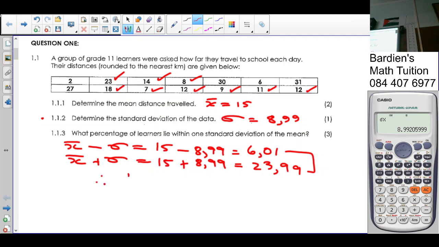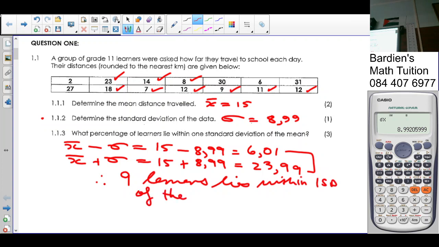So therefore, 9 learners lie within 1 standard deviation of the mean. Normally the question says how many learners lie within 1 standard deviation, but that wasn't the question here. What was the question here?